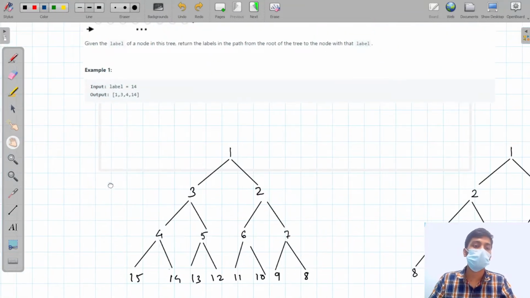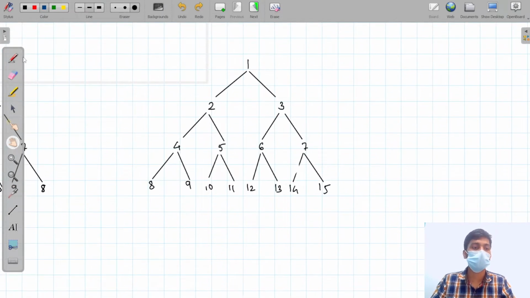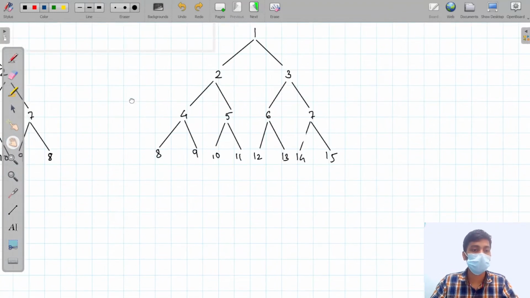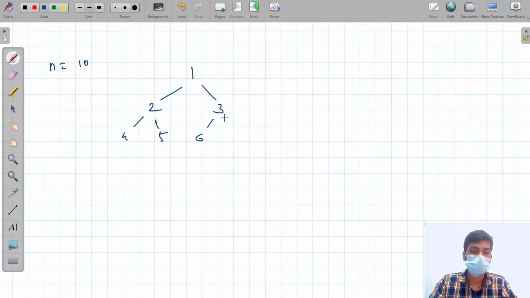Okay, so what is this saying? Let's take this tree as an example, or let's make our own new tree. If we are provided with n equals 10, then the nodes are labeled in level order, right? So 1 2 3 4 5 6 7 8 9 10.